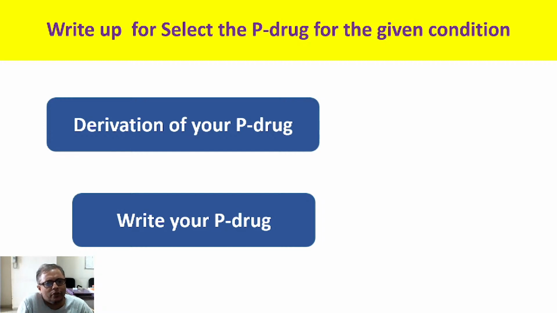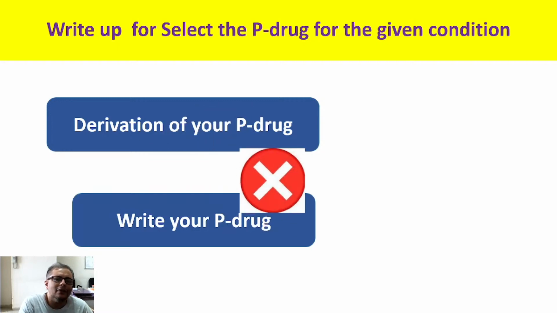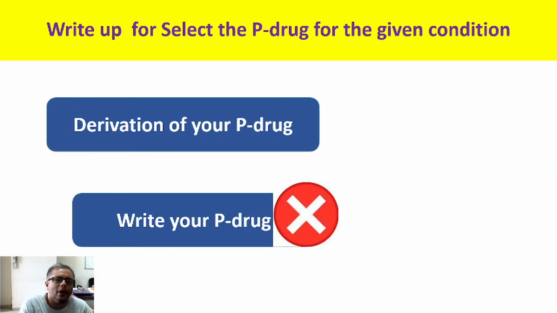There is one confusion: whether you have to write the derivation of the P drug or just write your selected P drug. The answer is you don't have to just write your P drug, but you have to actually write the process of derivation or selection of the P drug.